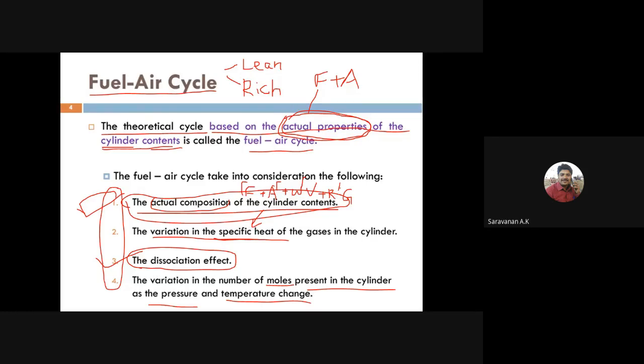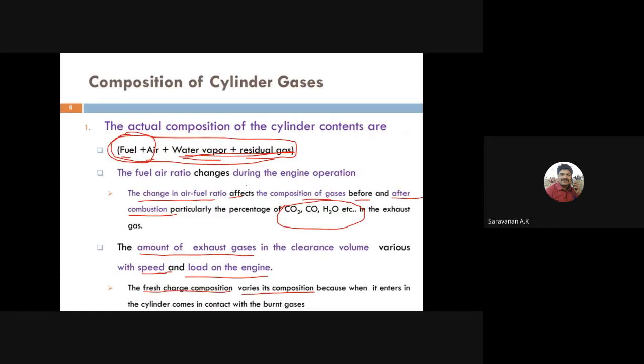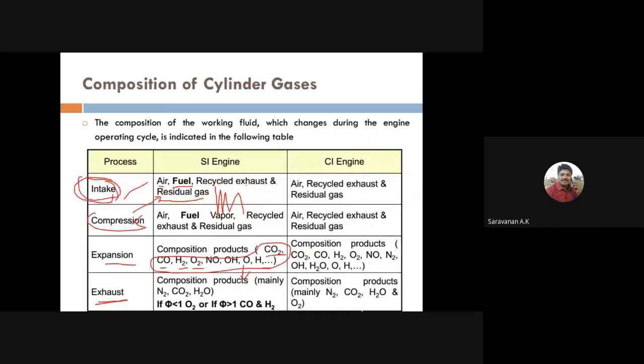So after getting the combustion, the burning of these items, we get some molecules: carbon dioxide, carbon monoxide, hydrogen, oxygen, and also NOx conditions, nitrous oxide. These emission conditions are all there at the burning condition.